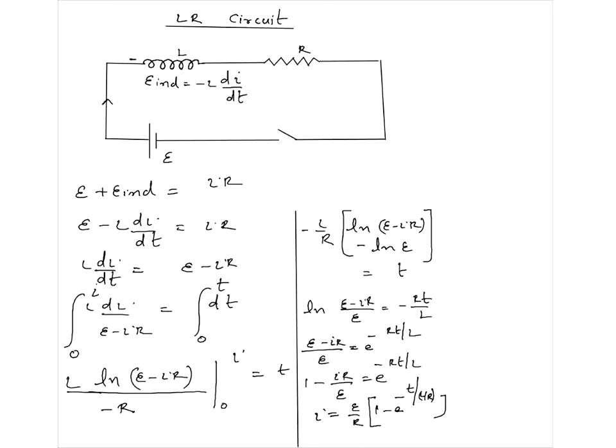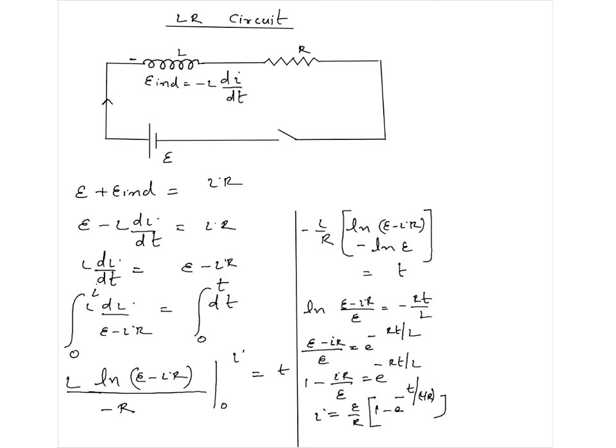How much the inductor opposes depends on di by dt. How rapid is the change in current? The more quickly you change current, the higher di by dt becomes, and the higher the induced EMF.